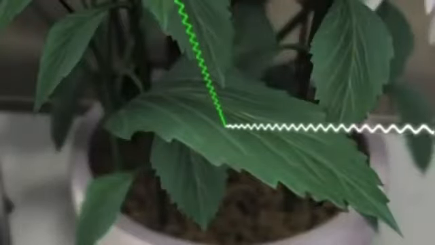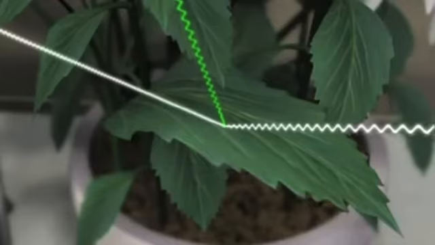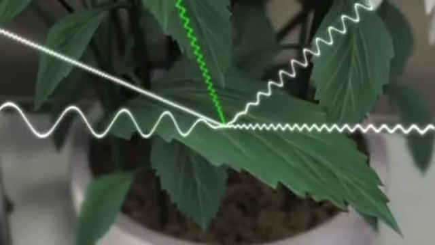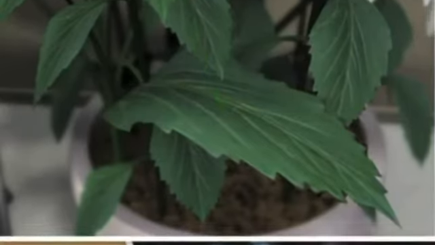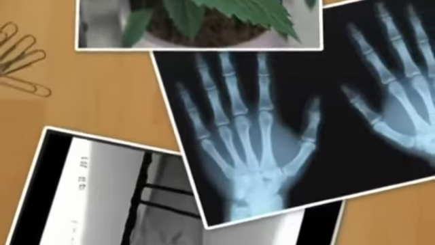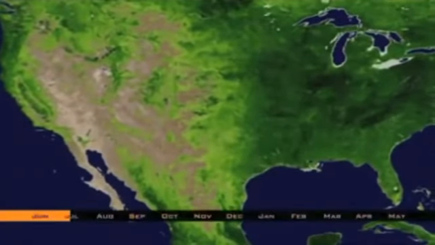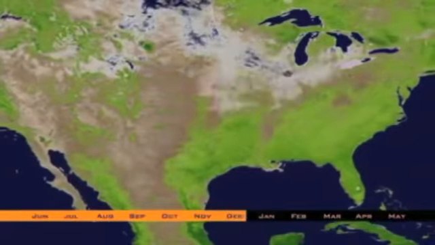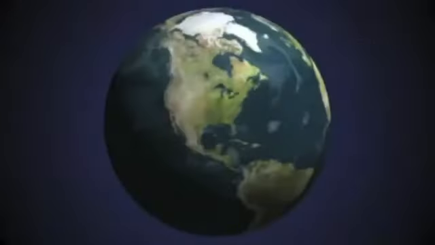Our eyes see the leaf as green, but cannot tell us anything about how the leaf reflects ultraviolet, microwave, or infrared waves. To learn more about the world around us, scientists and engineers have devised ways to enable us to see beyond that sliver of the EM spectrum called visible light. Data from multiple wavelengths help scientists study all kinds of amazing phenomena on Earth, from seasonal change to specific habitats.